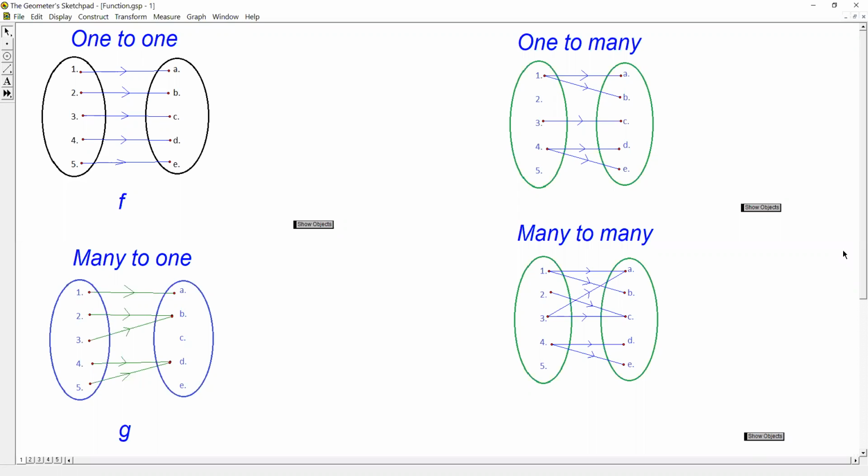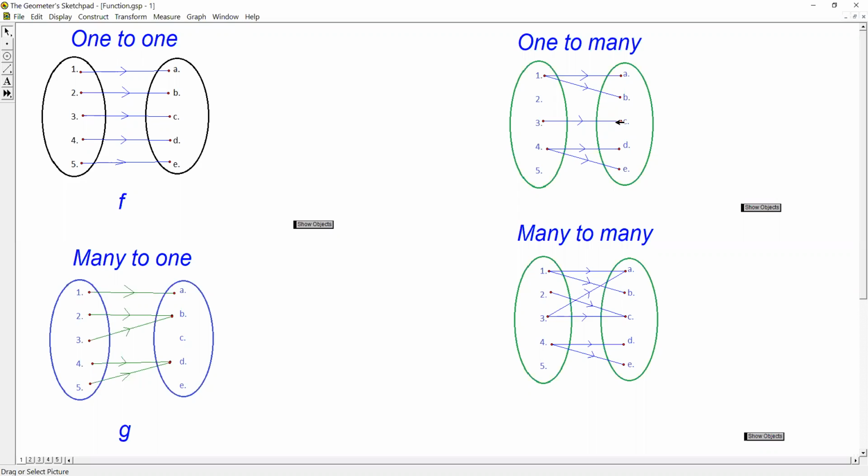One-to-one relationship, is it a function? Yes. Many to one, is it a function? Yes. Okay, on this side here, yes. Now on my right hand side, one to many, this type of relationship, it is not a function. Many to many, this type of relationship, it is not a function.